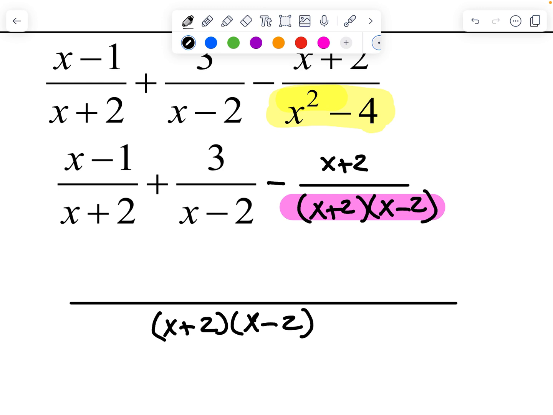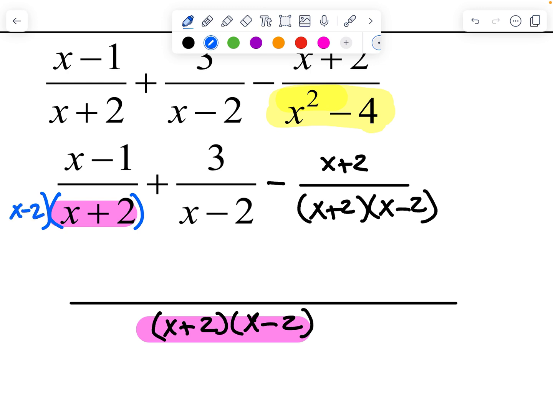That's the common denominator. So then the next question you ask yourself is, what does this denominator need to turn into this denominator? And it needs an x minus 2. So we are going to multiply this by x minus 2. And we are going to multiply this by x minus 2.